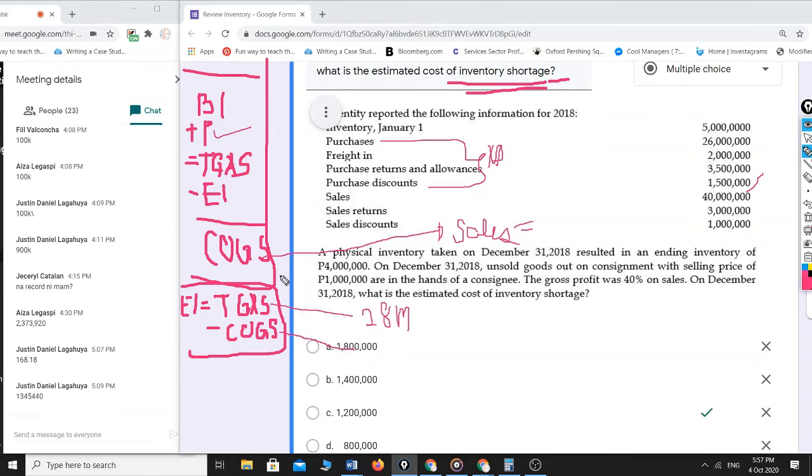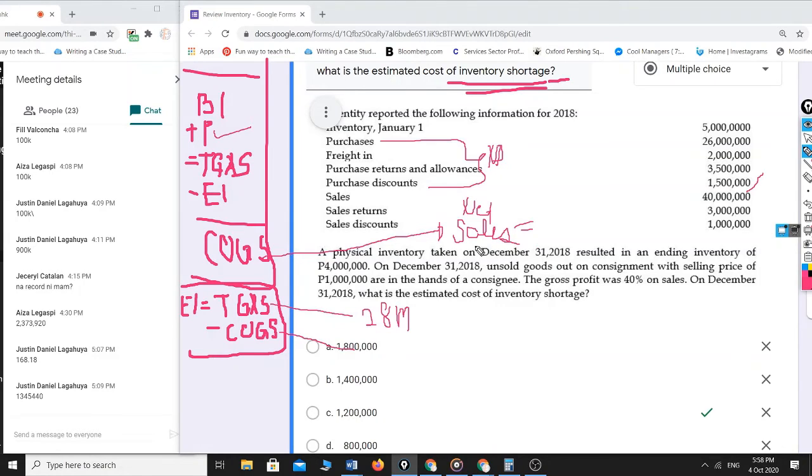So, let's compute the net sales. Based on the problem, net sales is 40 minus 3 minus 1. So, that is how much? 36. But in computing the net sales, we're using this in the estimation, guys.